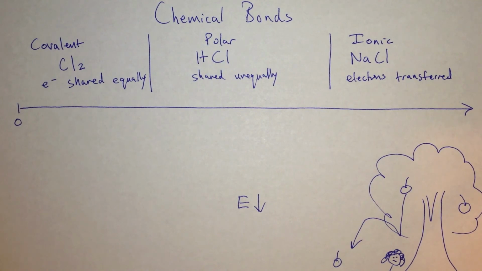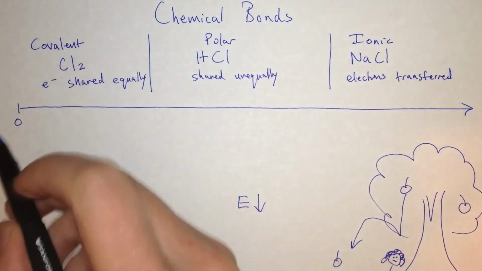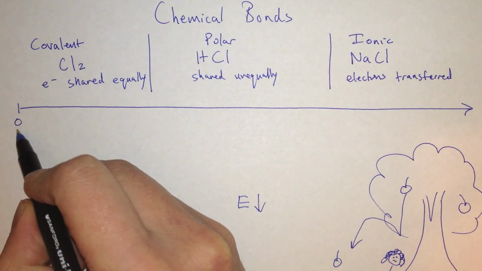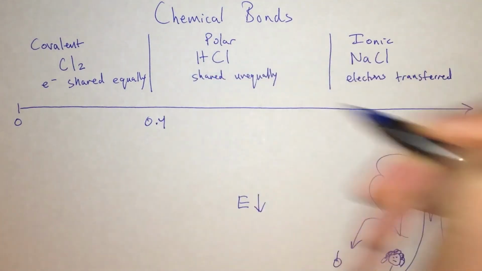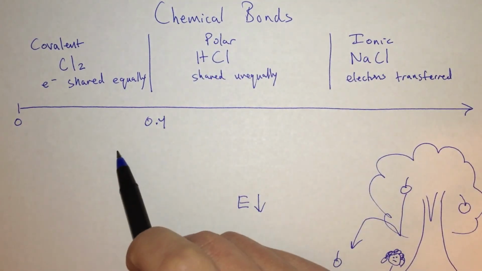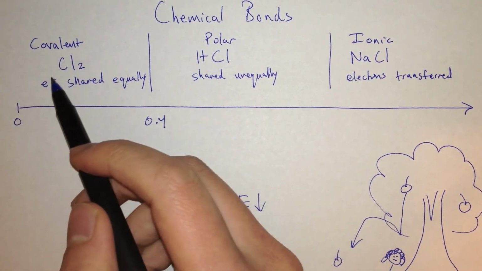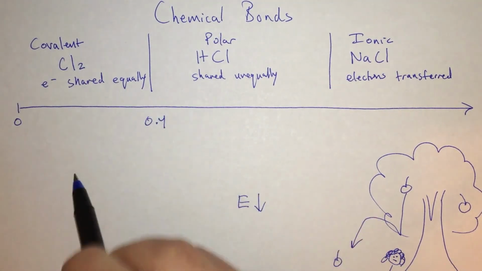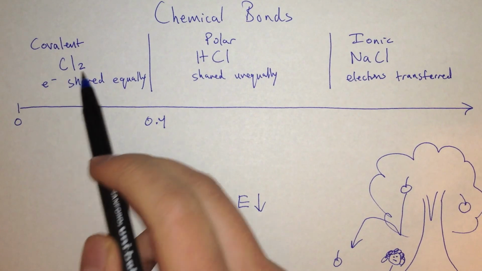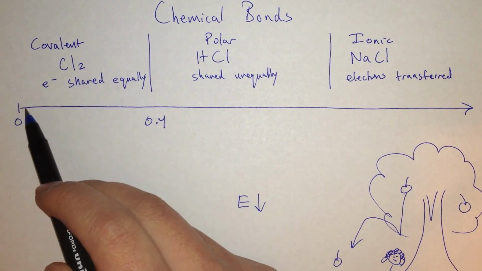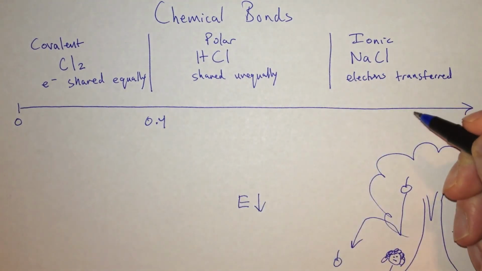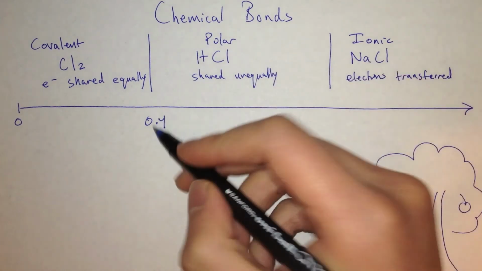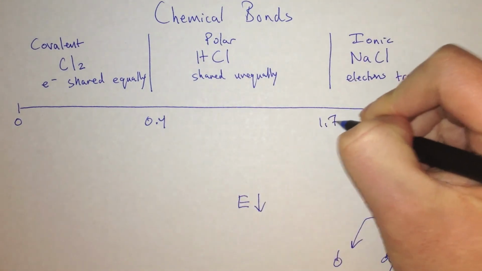In our class, we define a covalent bond as anything from a difference of 0 to 0.4 on the Pauling scale between the two atoms. In our case, chlorine's electronegativity is 3.16, and it's bonded to itself, so the difference is 0. A polar covalent compound is between 0.4 and 1.7.